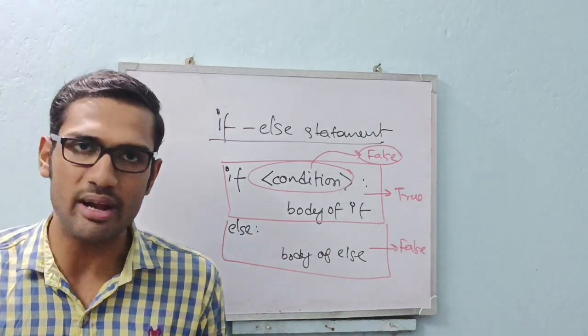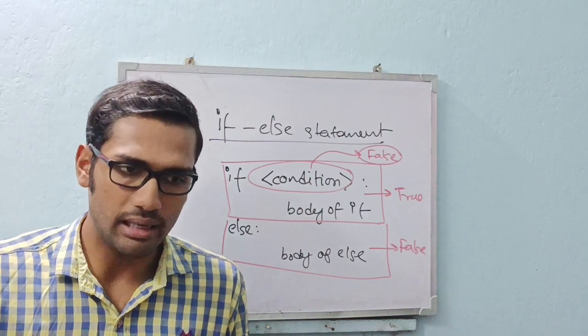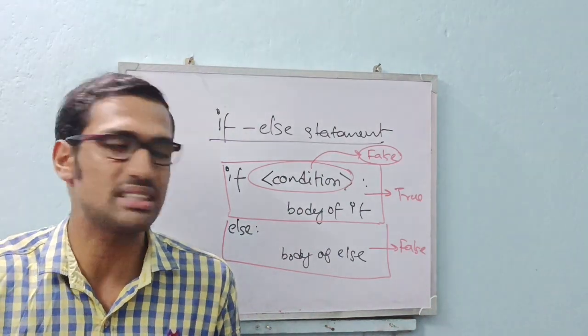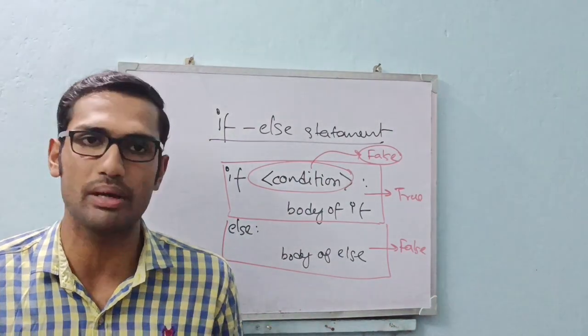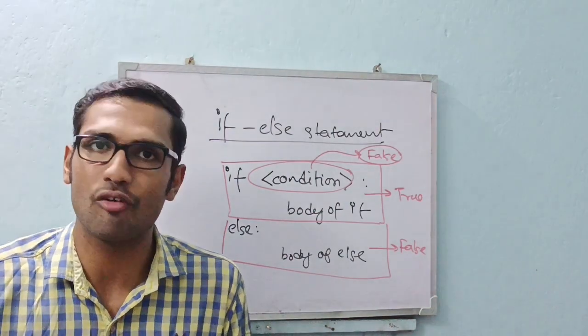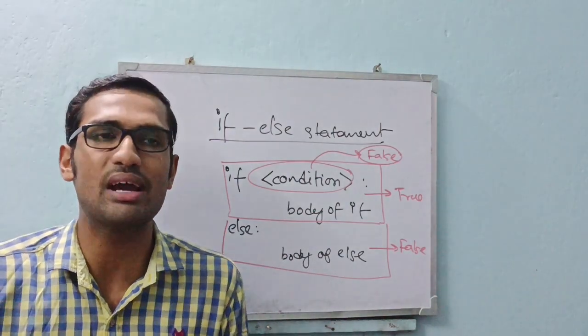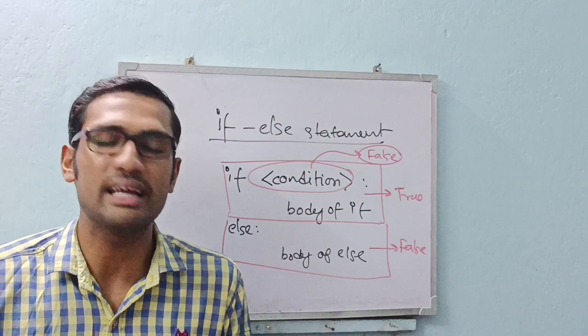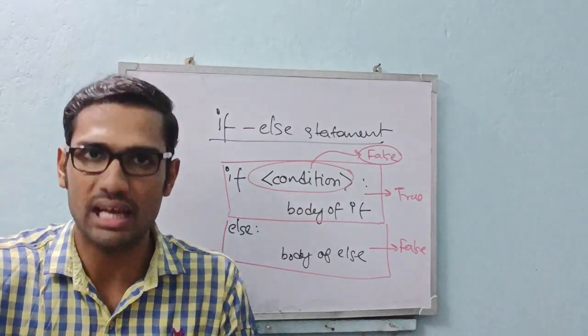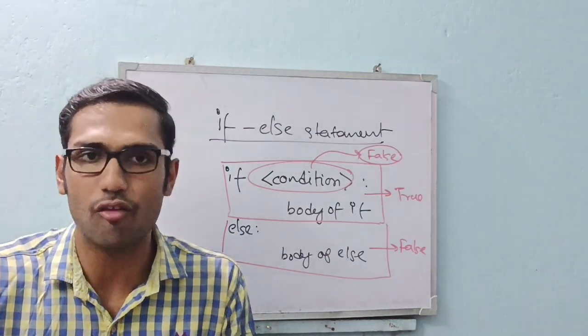So the important point is that the limitation which we were facing in case of if conditional statement is that we don't have any false part. So if the condition is evaluated to false, then nothing will happen. Why? Because we don't have the false part.